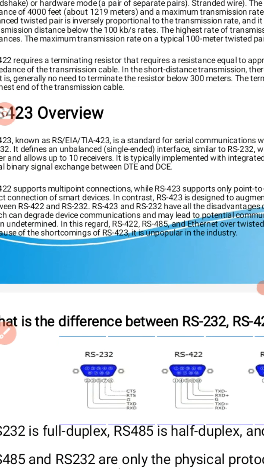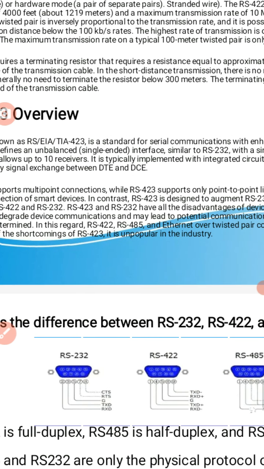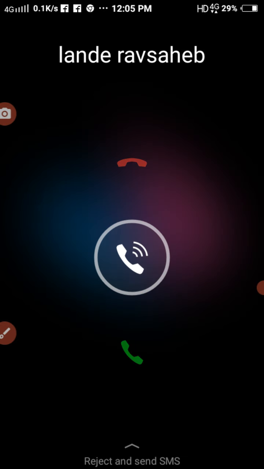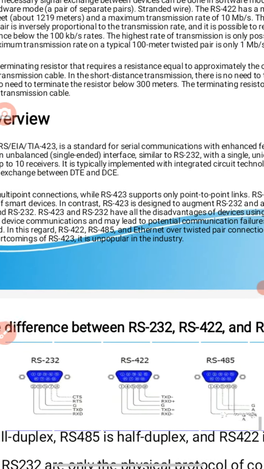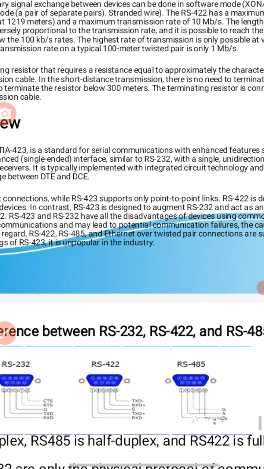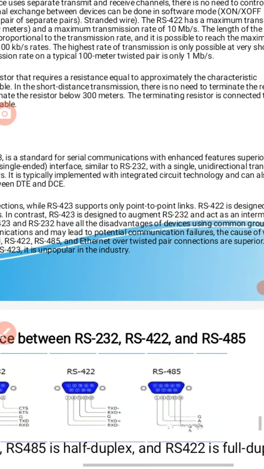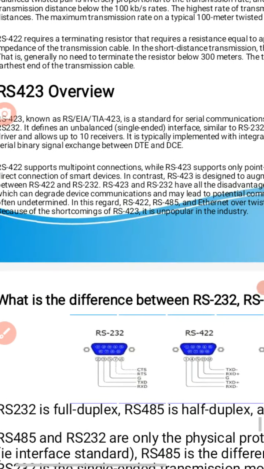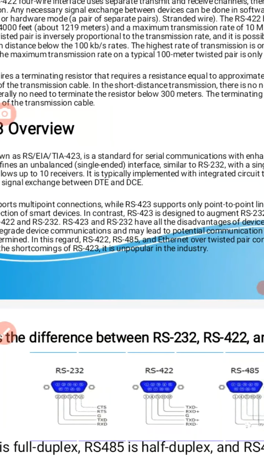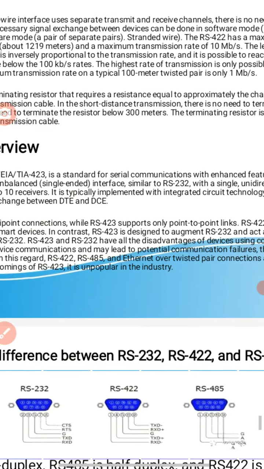In this regard, RS422 and RS485, and Ethernet over twisted pair connections are superior because of the shortcomings of RS232. It is unpopular in industry.